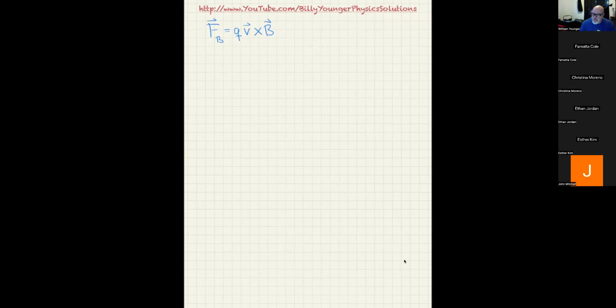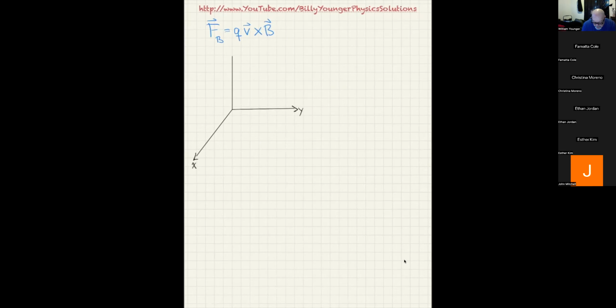Let me show you how we can go about calculating that. So let's imagine I'm going to draw a little coordinate system here. Okay. This is going to be my x-axis.